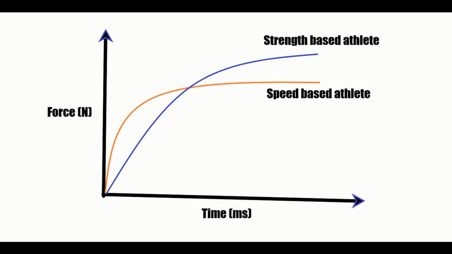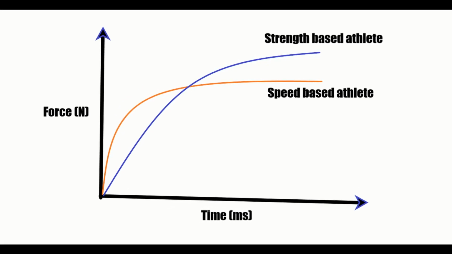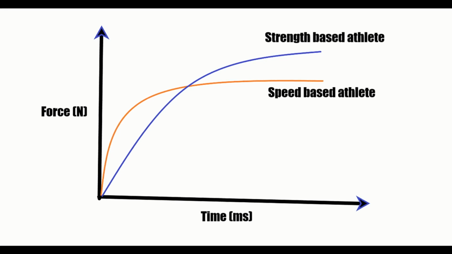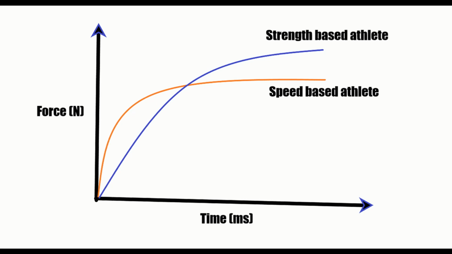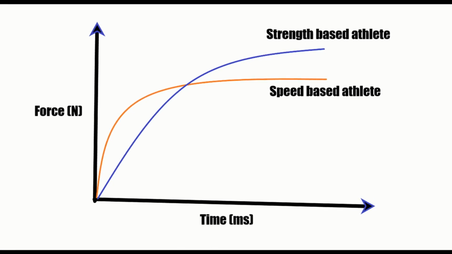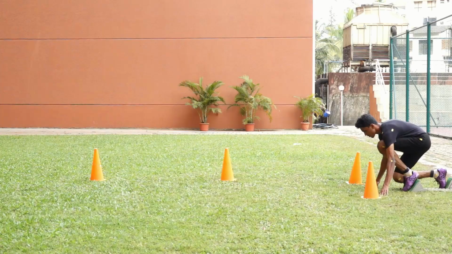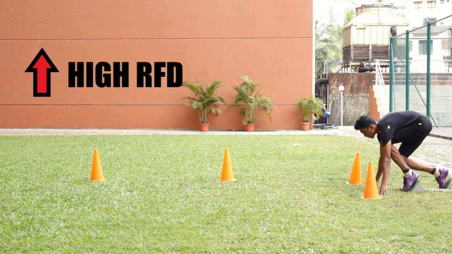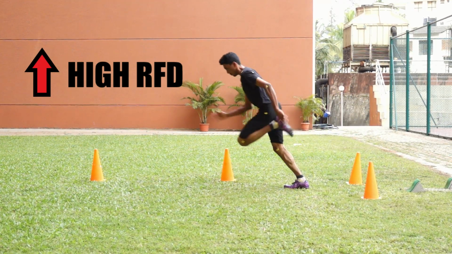The first thing to look at is the speed-based athlete. The moment we see both of these lines, the first thing we can make out is that the orange line is much steeper than the blue line, which is the strength-based athlete. So what does that mean? It means that the speed-based athlete is able to produce a lot of force in a very short duration of time.